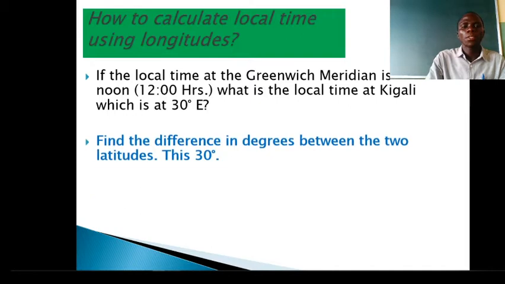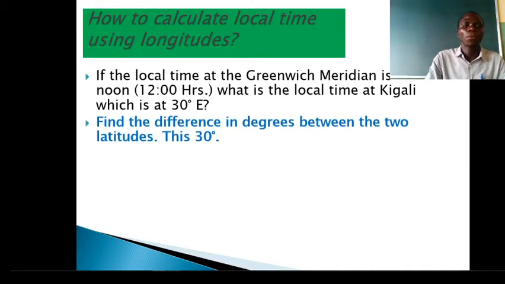How will we proceed? First of all, find the difference in degrees between two longitudes. Difference between 30 degrees east and 0. We will take 30 degrees minus 0 and we will obtain 30 degrees. This is the difference.